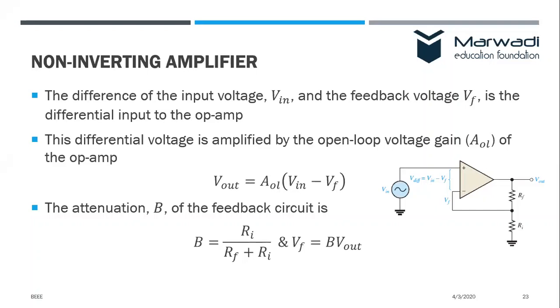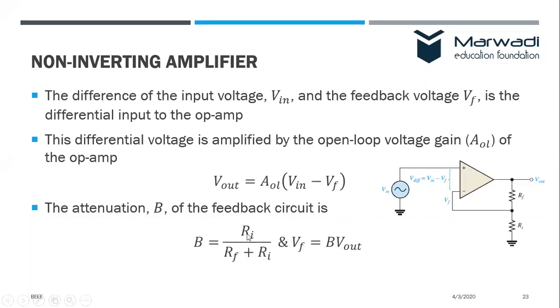In amplification, we increase the amplitude of the signal. In attenuation, we decrease the value of the signal. So here we are actually decreasing the signal, and that's why we call it attenuation, right? So the B is called attenuation, and it is determined by Ri upon Rf plus Ri.